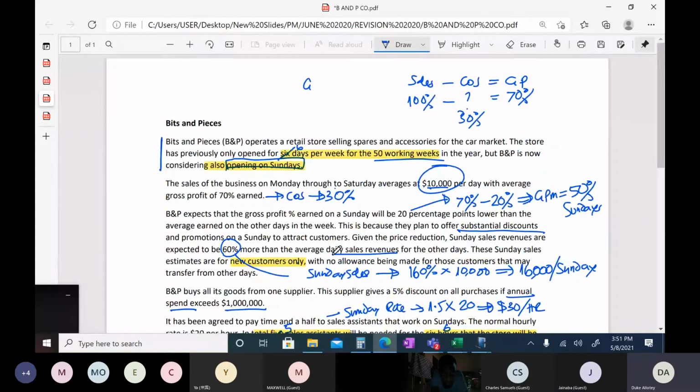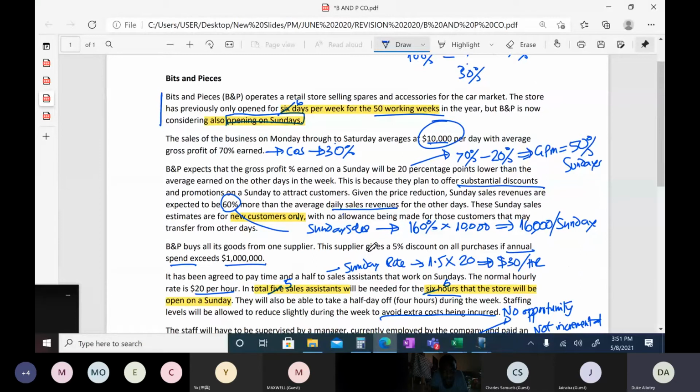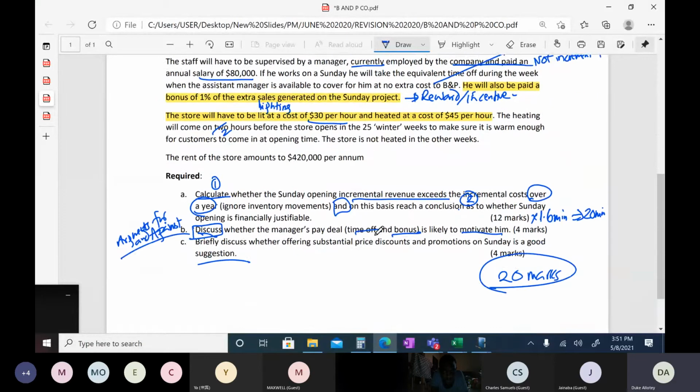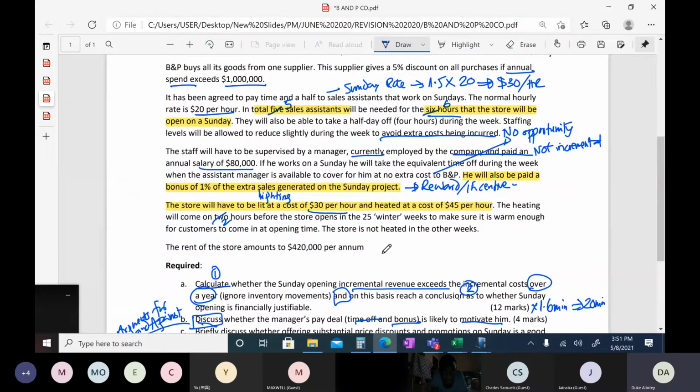That is what we're told at the beginning here, that the shop will be open on Sundays for 6 hours. Then it says it will come on 2 hours before the store opens in the 25 winter weeks. So it means that heating will be for 2 plus 6 hours, and that becomes 8 hours of heating.